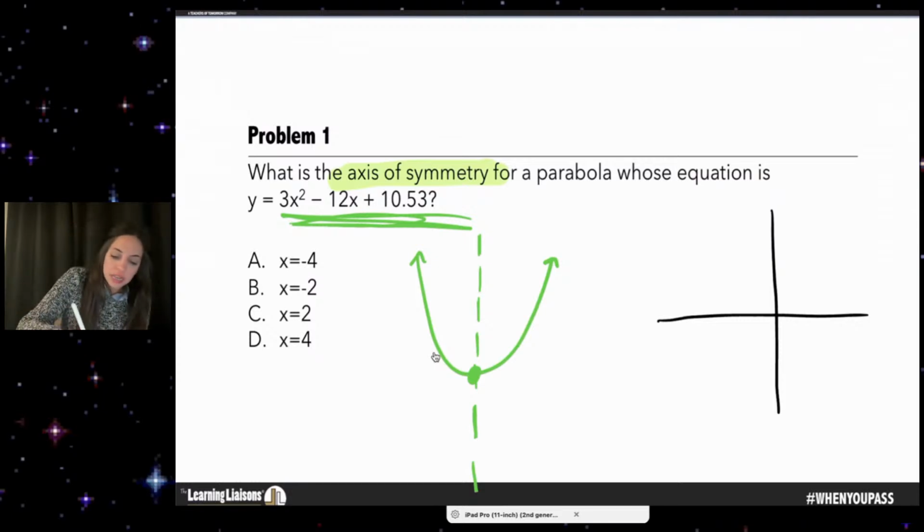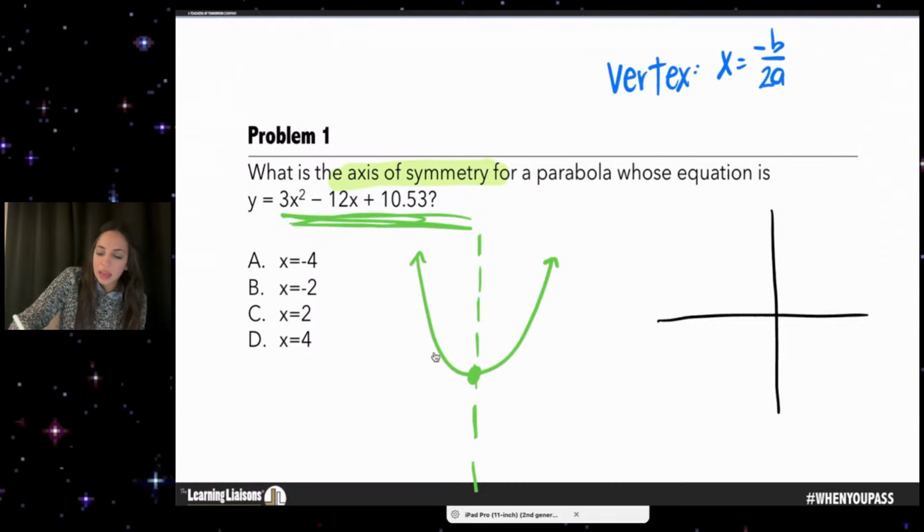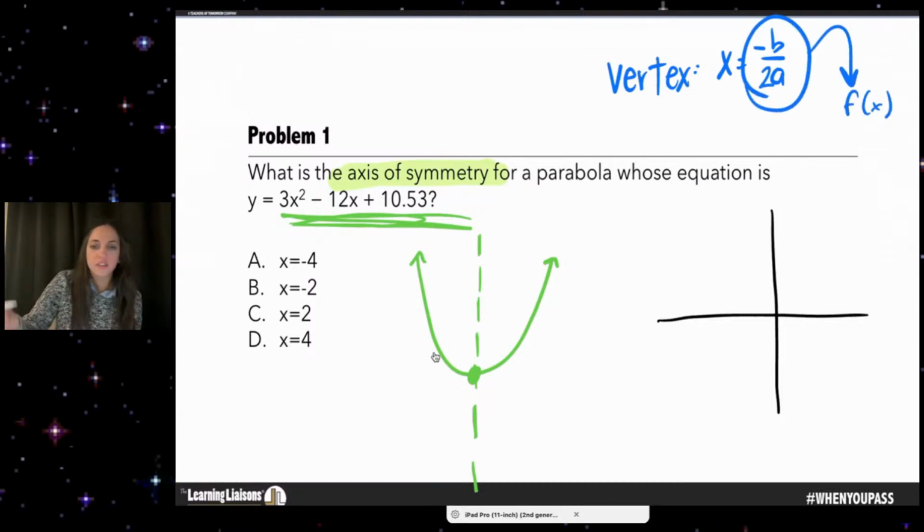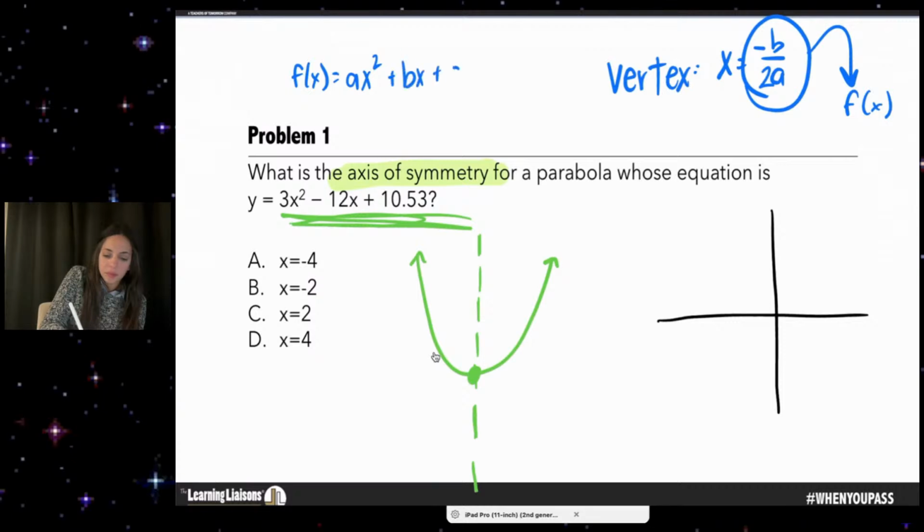Well, the vertex can be found by doing x equals negative b over 2a, and then plugging that back in to your f of x function, where A is attached to the x squared, B is attached to the x, and C is your constant value.